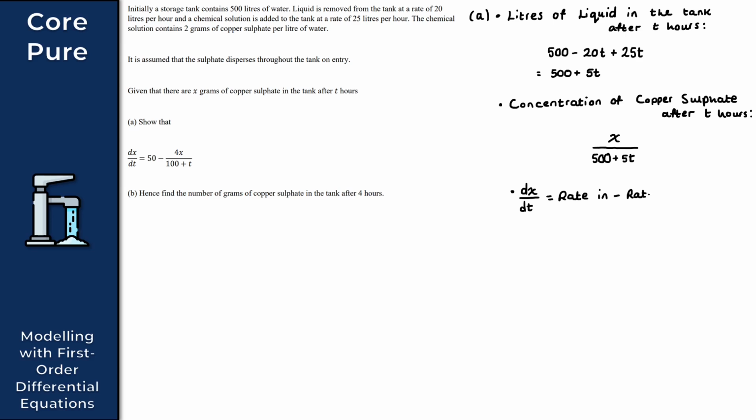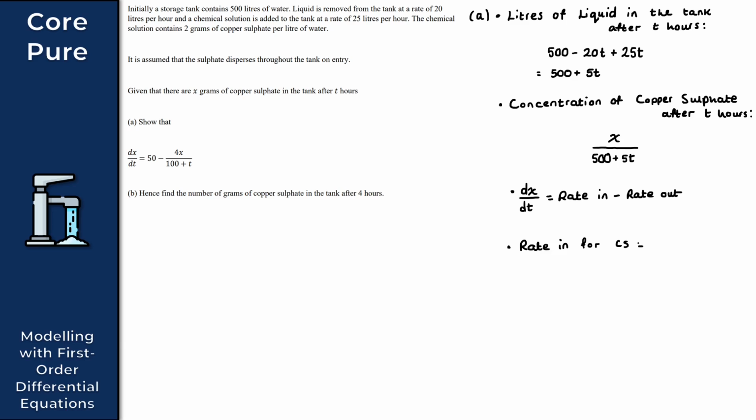Okay, like so. In this case, this would just give us the rate of change for the copper sulfate. So let's just keep going. The rate in for the copper sulfate, I'm just going to abbreviate to CS, meaning copper sulfate.